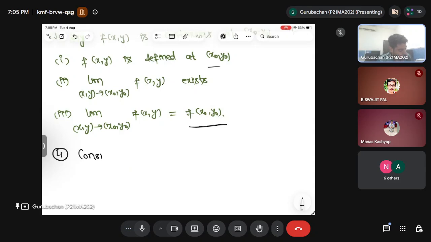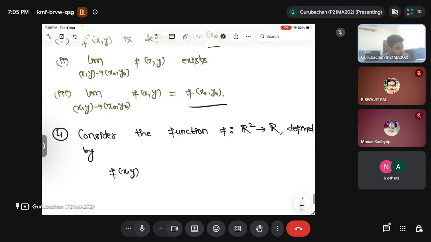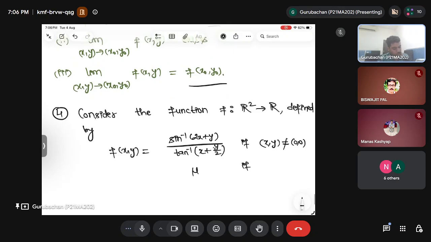Consider the function f from R square to R defined by f(x,y) equals sine inverse of (2x plus y) divided by tan inverse of (x plus y by 2) if (x,y) is not equal to (0,0), mu if (x,y) is equal to (0,0).